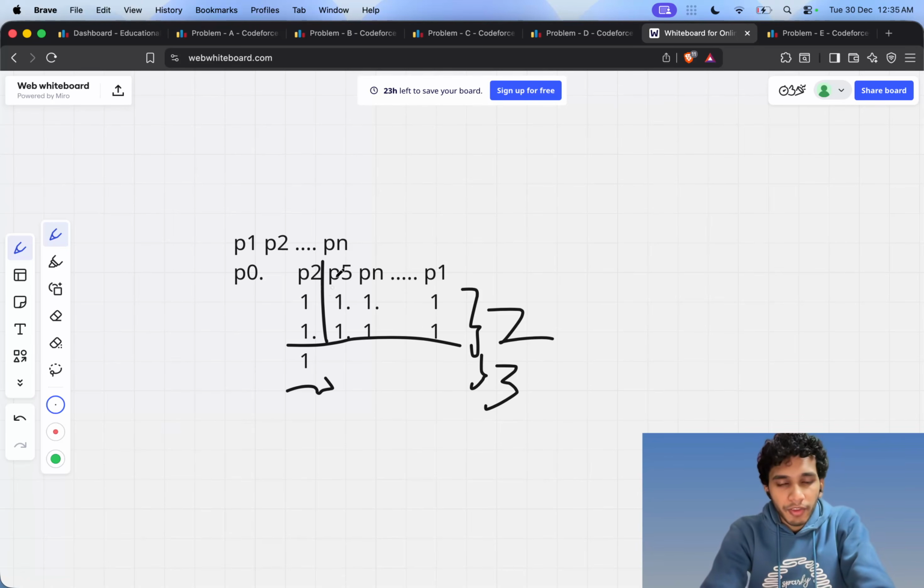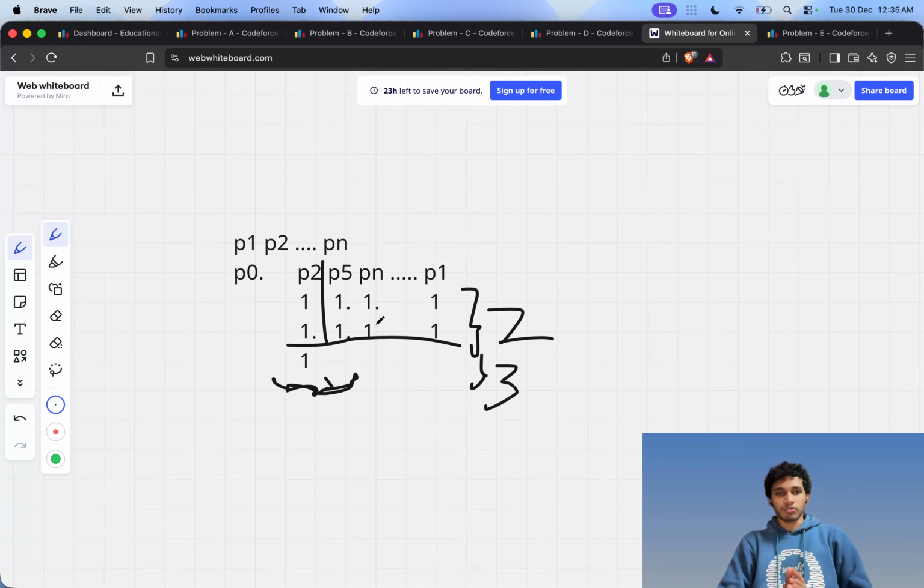If P5 had an option, then three decorations would have been chosen for P5, and if Pn was the first index where choice was not possible, then from Pn up till P1, all would have a total of two decorations utilized.